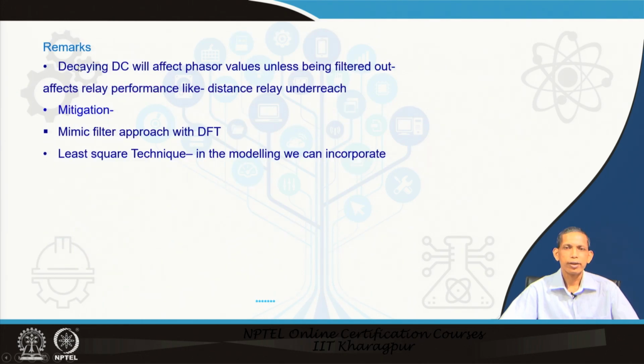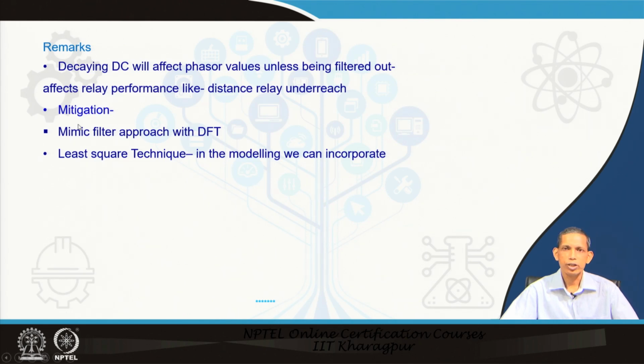So, the remark is that decaying DC components can remain in the current signals, and may affect the performance of the phasor estimation technique unless filtered out. If it is not filtered out and affects the phasor estimation technique, then the relay performance will be affected. For example, a distance relay can see a higher current under earth faults, an over current relay may face saturation issues with CT saturation, and the over current relay may also have coordination problems.